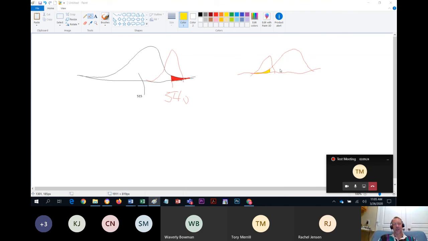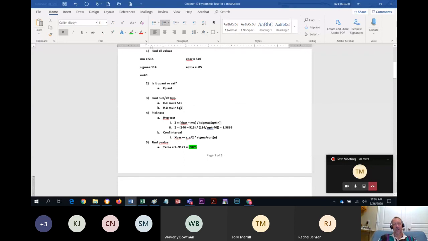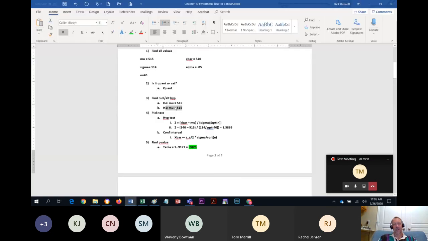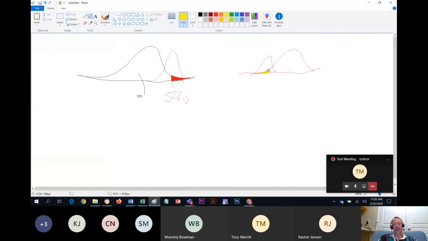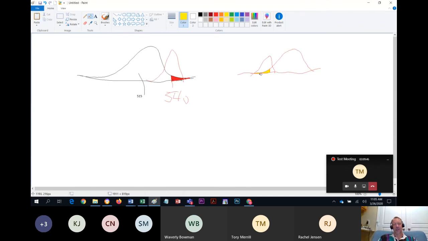So it depends, and that's why it is so important to get your null and your alternative hypothesis right. If your alternative is greater than, you're going to want the red area on the right. If it was a less than, then you're going to want the yellow area on the left. And if it's a not equal to, then it could be either one, and then you get to double it.